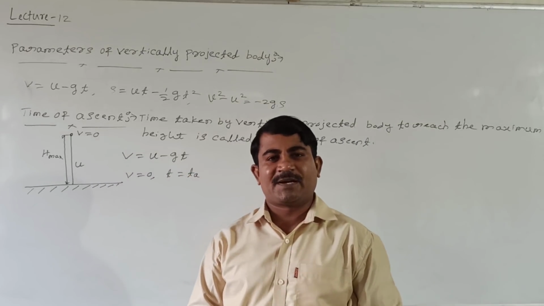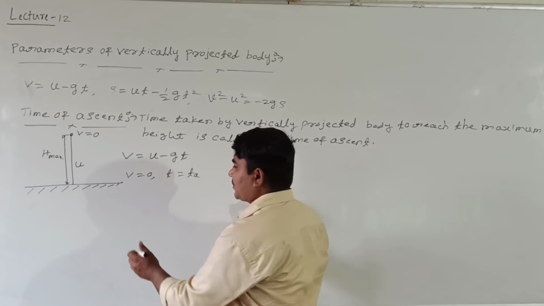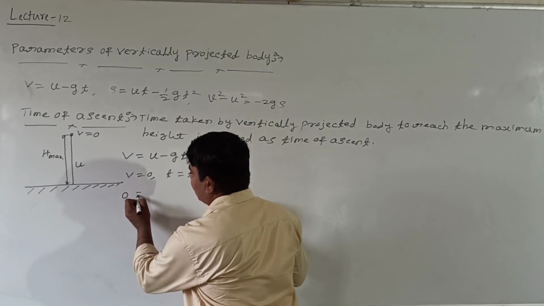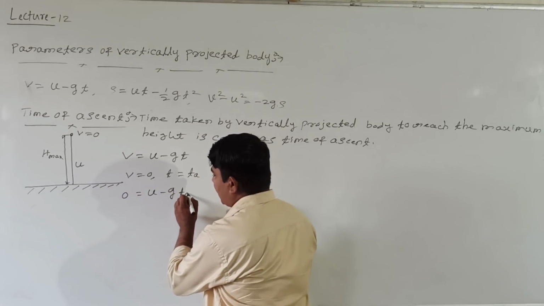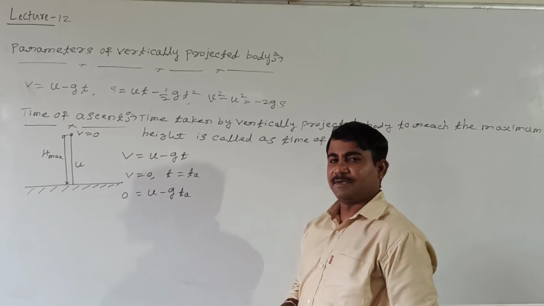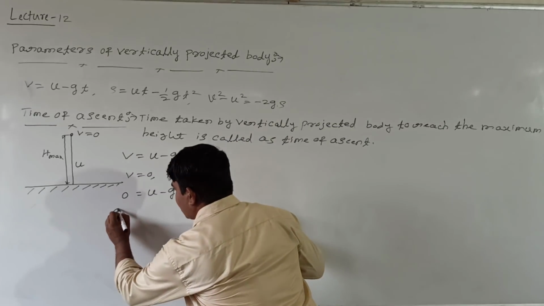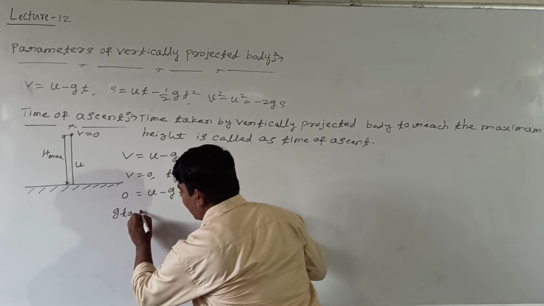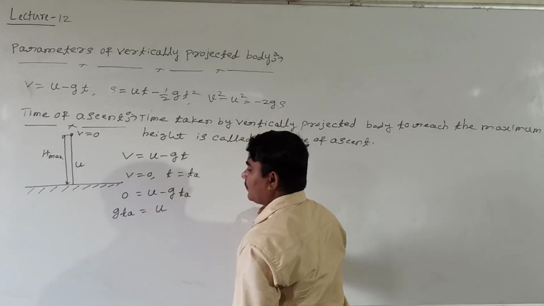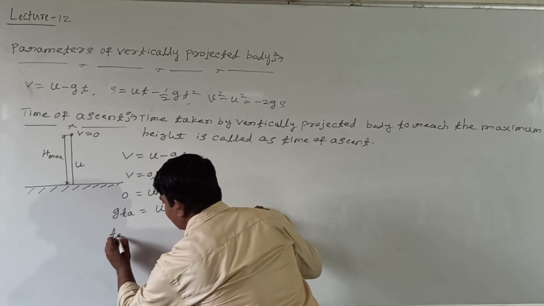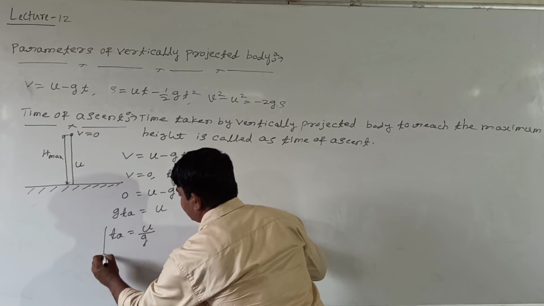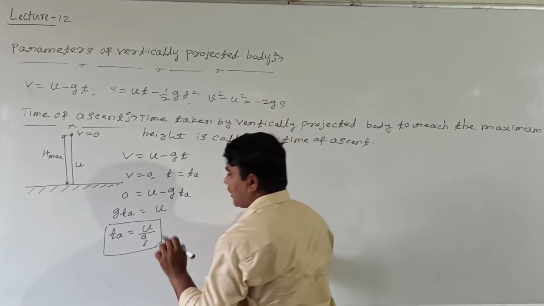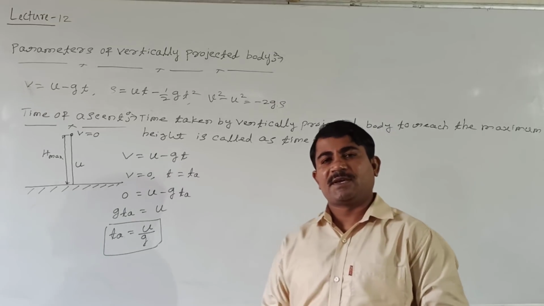Then the equation becomes: final velocity 0 equals u minus g times Ta. Or shall I write directly, g times Ta equals u. What is time of ascent? Time of ascent equals u divided by g.